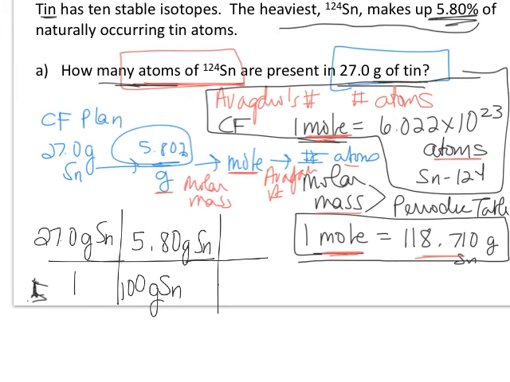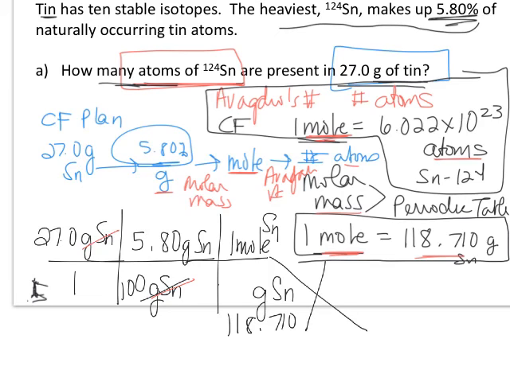Okay, now we have grams of tin canceled out. We're still at grams of tin, and we're going to do molar mass. So we're going to put grams of tin on the bottom for 1 mole of tin, and we get this from the periodic table, 118.710.